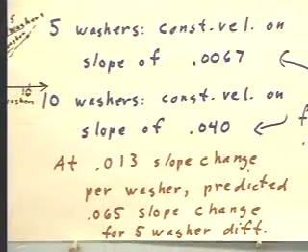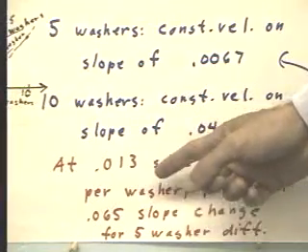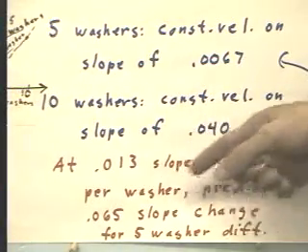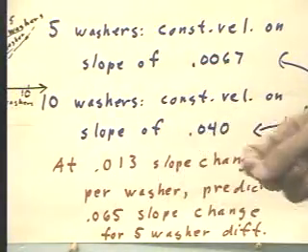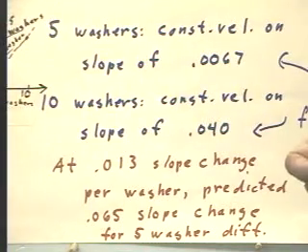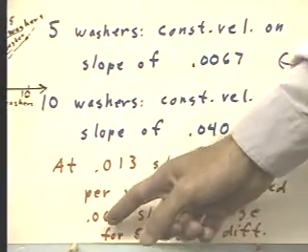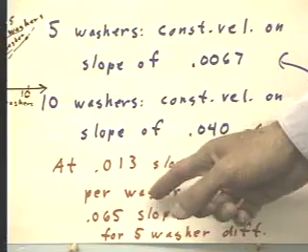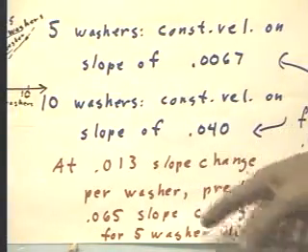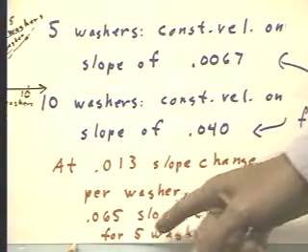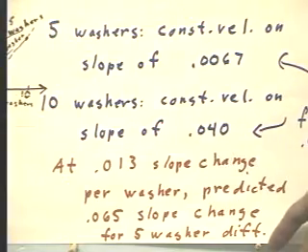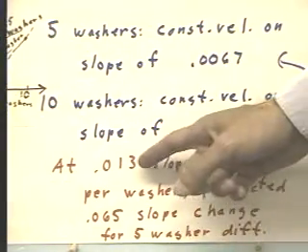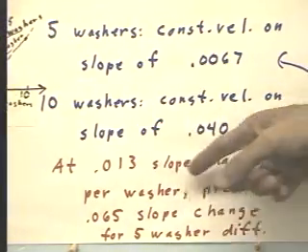Now let's compare this with the 0.013 slope change per washer that was predicted by our previous data. We would predict a 0.065 slope change for a 5 washer difference. Okay? That is at 0.013 slope change per washer.